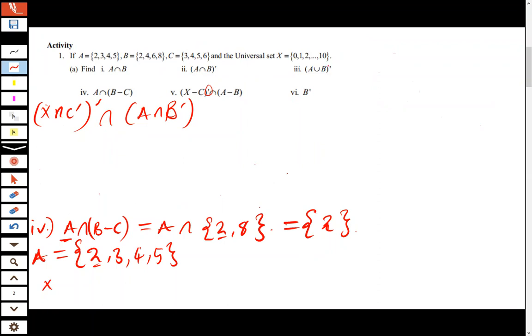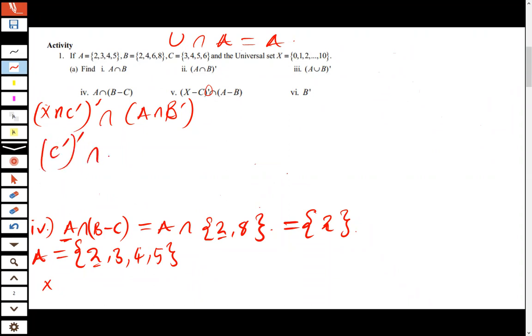Remember, if you remember the rules of sets, there's a part which I mentioned saying the universal set intersection any set is just the same set. So here we have X as our universal set. So X intersection C complement will just give us C complement.